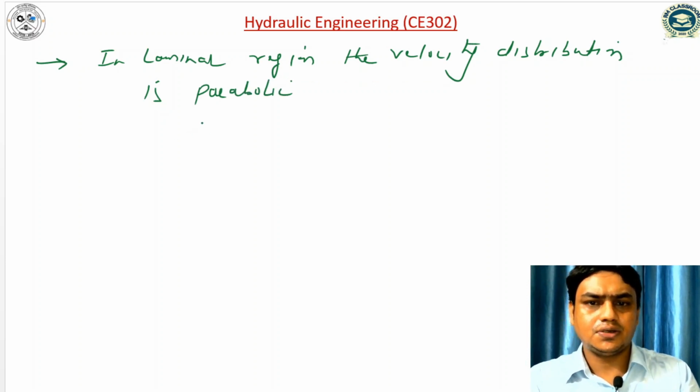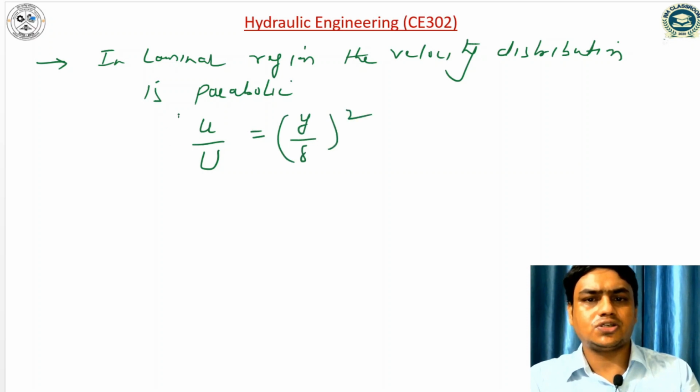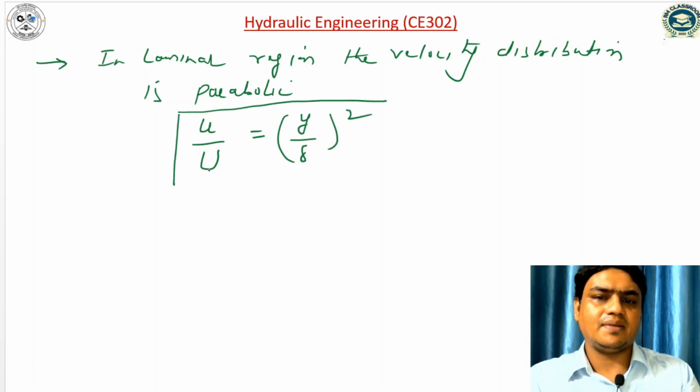We can write small u by capital U is equal to y by delta whole square. So this is the velocity profile in the laminar region.